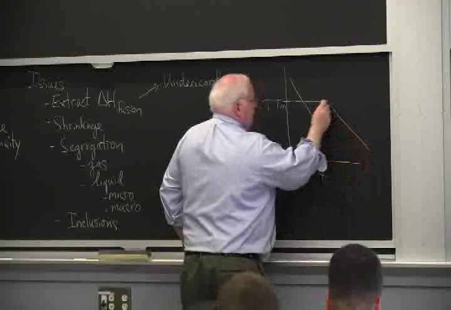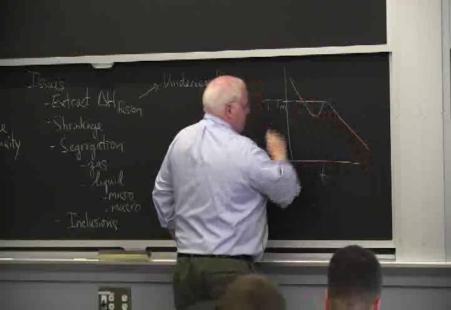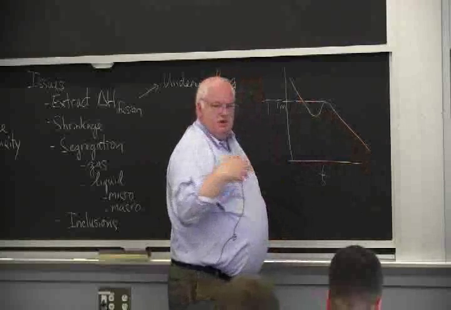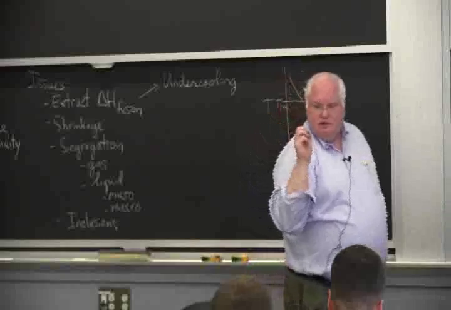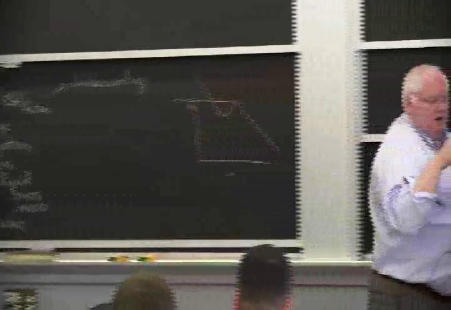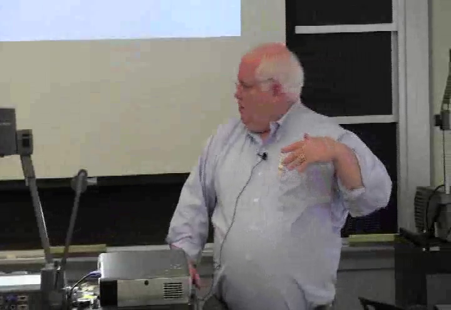So you get undercooling below the melting point because of this barrier to forming a nucleus of solid material. And that's because the solid material has a certain surface energy, and we don't necessarily want to turn this into a course on nucleation and growth, but you have to form some solid particles to start growing, and you need a little bit of energy differential, a delta T of undercooling to do that.